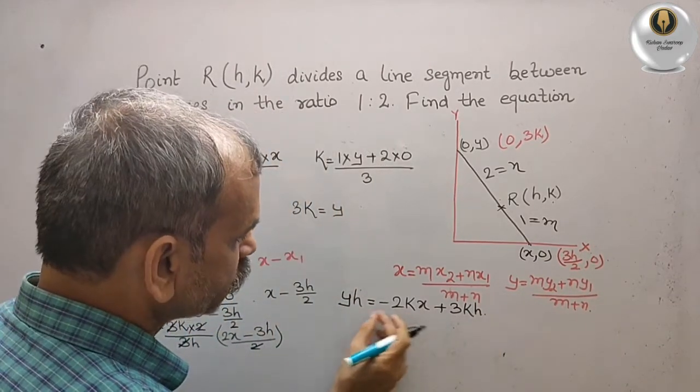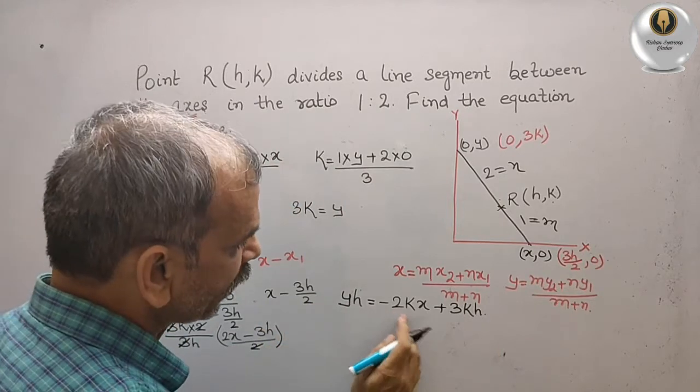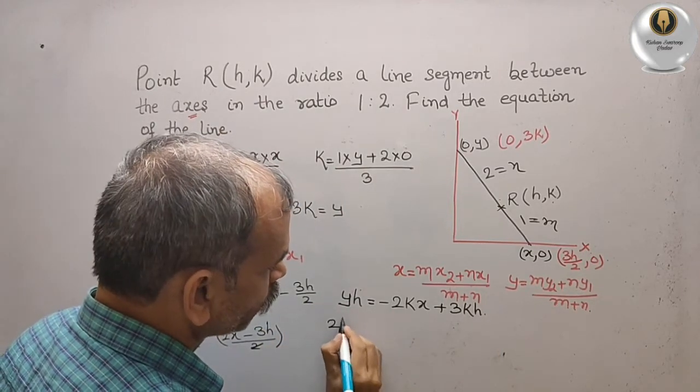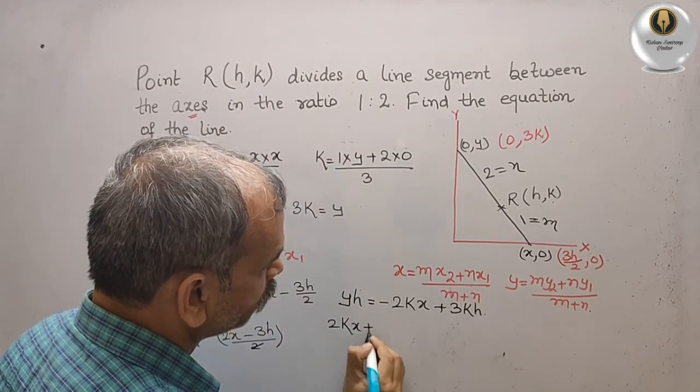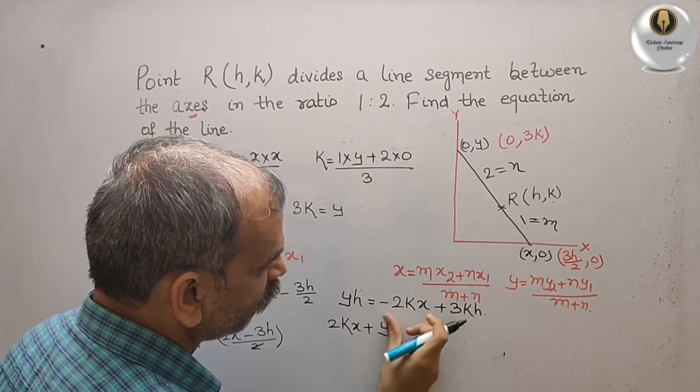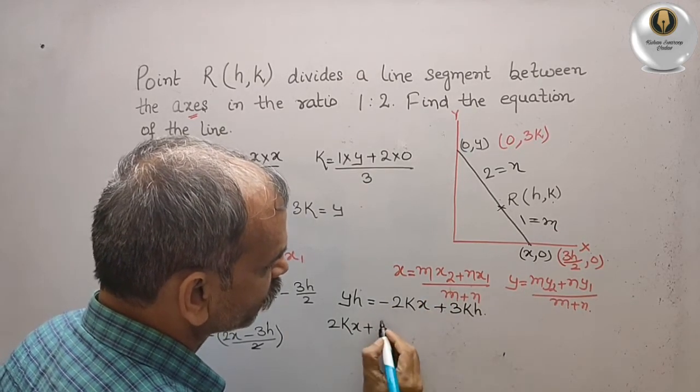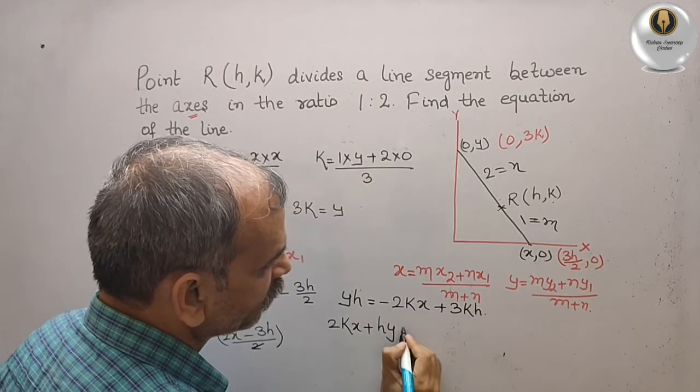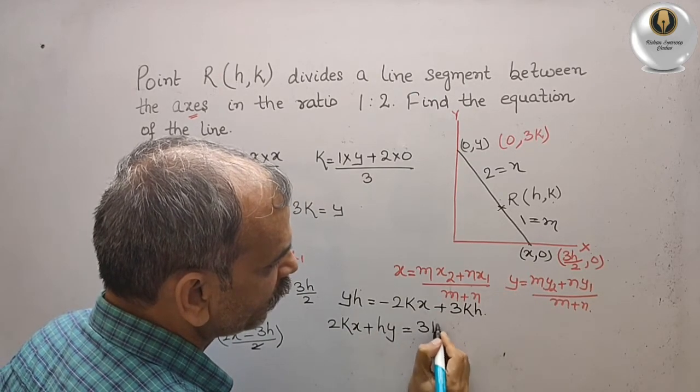Now bring this to your left side. You will get 2kx plus yh, or hy you can say, is equal to 3kh.